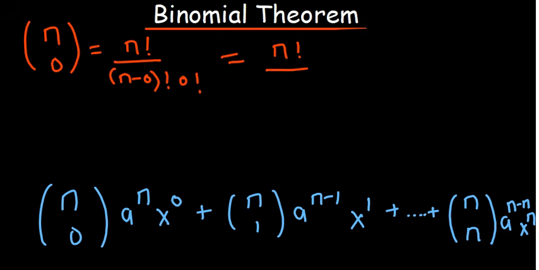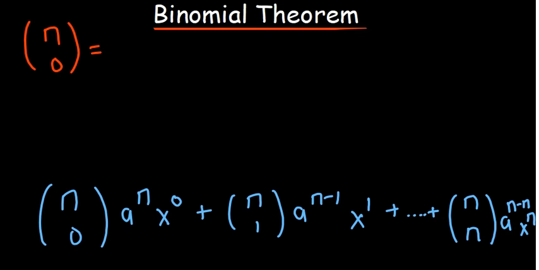N minus 0 on the bottom is just n factorial. 0 factorial is just a 1. So this will always be equal to a 1. So any value of n choose 0 is just always going to be equal to a 1. Okay, now I want you to take note of that.